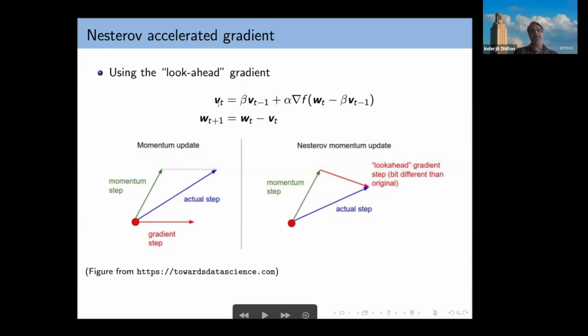The formula is somewhat similar: you have this momentum, Vt is equal to beta Vt minus 1 plus alpha times the gradient. That's the same thing. But what's different is that you don't necessarily take the gradient at Wt, but you take the gradient at Wt minus beta Vt minus 1.